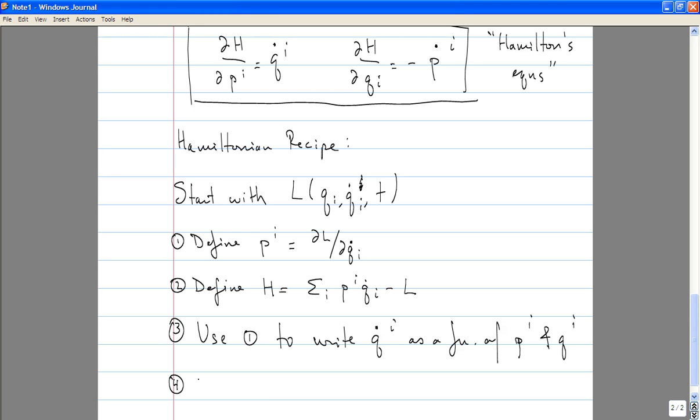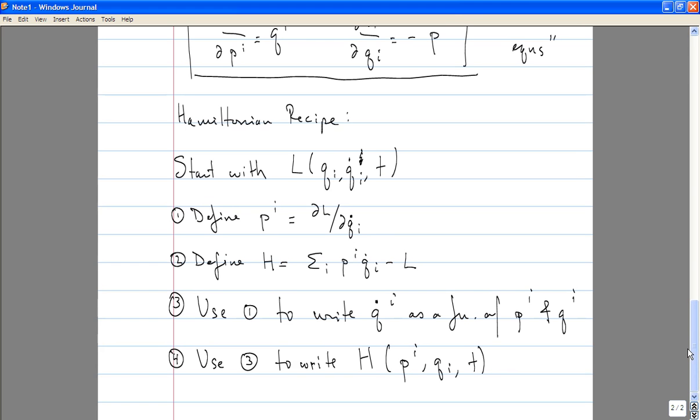And then we use this expression to write H as a function of pi, qi, and time. And in particular, we eliminate all of the dependence on q dot. We just write it in terms of pi's, qi's, and time.